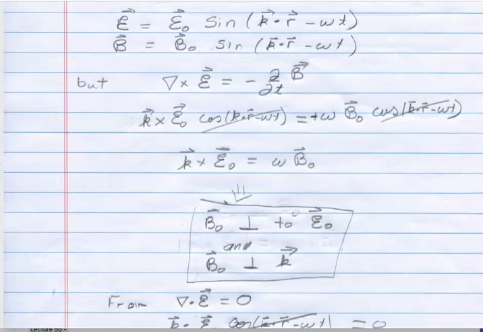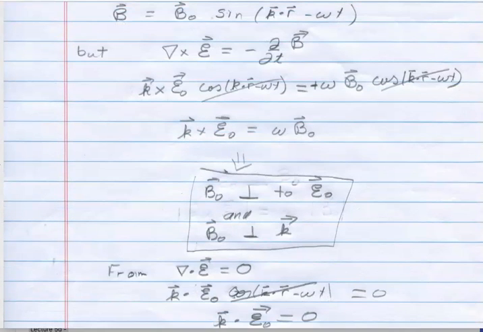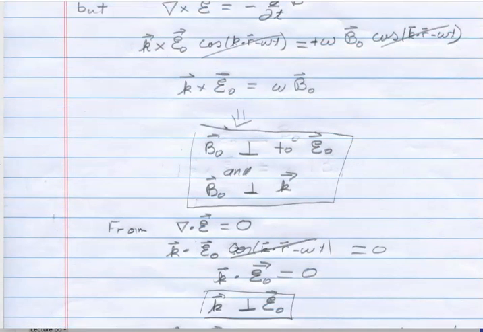In addition, I can use the other Maxwell equation. Again, we're in a vacuum, or not a vacuum, but with no charge. There's no charge density rho over here. And so del dot E is equal to 0.